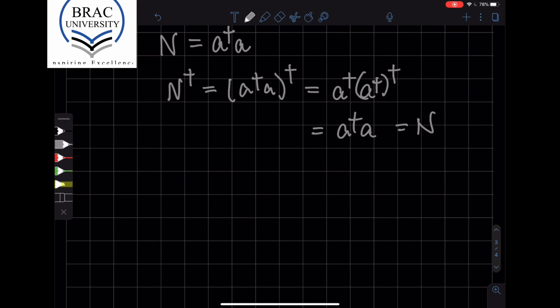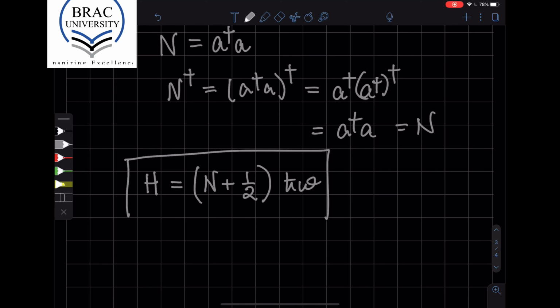It's easy to show, given everything that we have derived, that the Hamiltonian for the simple harmonic oscillator can be expressed in terms of n in this way: n plus half, times h bar omega. So this is the expression of the Hamiltonian for the simple harmonic oscillator.